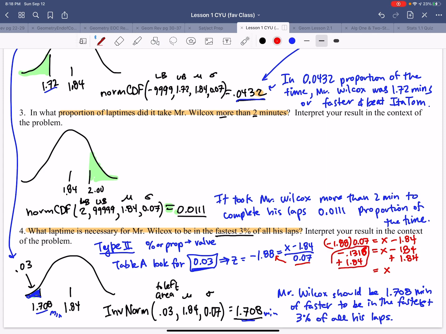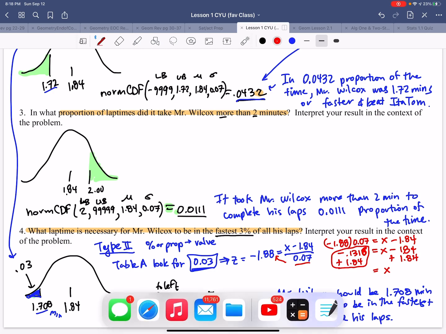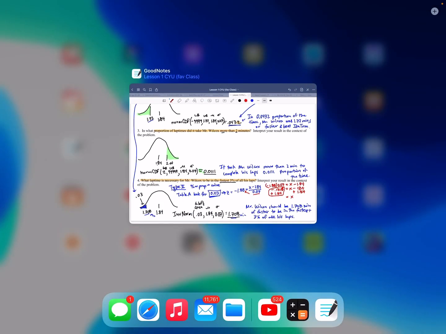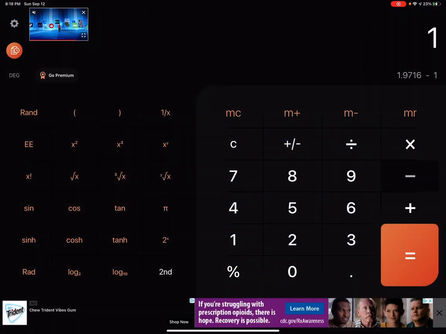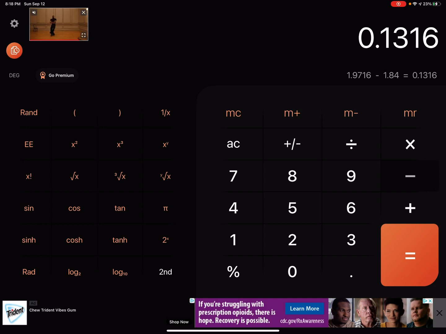But it was negative, right? So I got to subtract it from that, and it was a negative. All right. So I'll start over. Yeah, that's my value. And I want that to be negative.